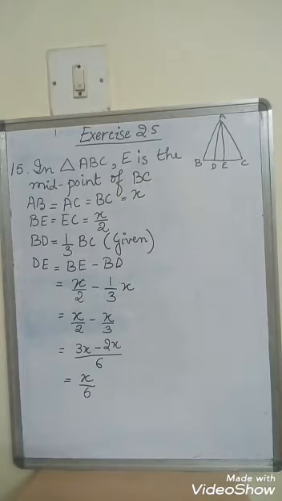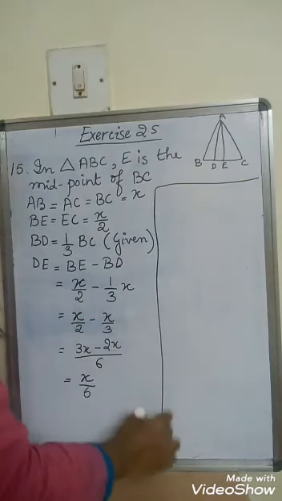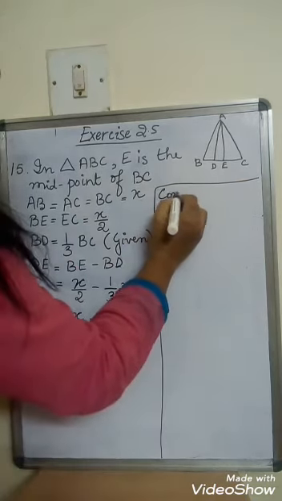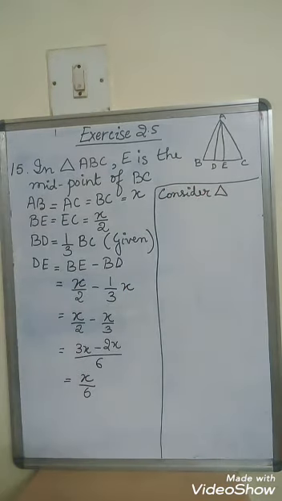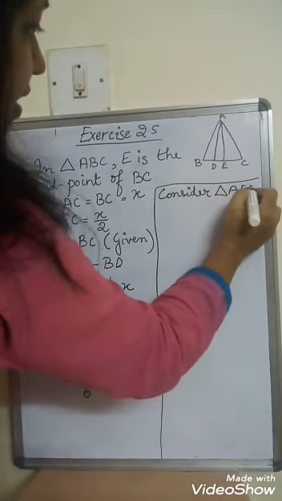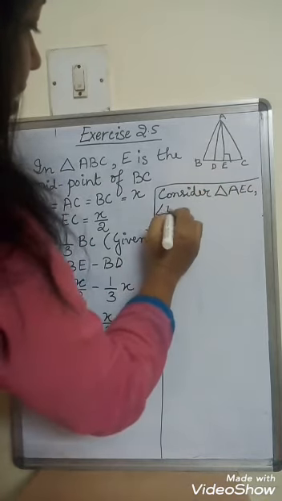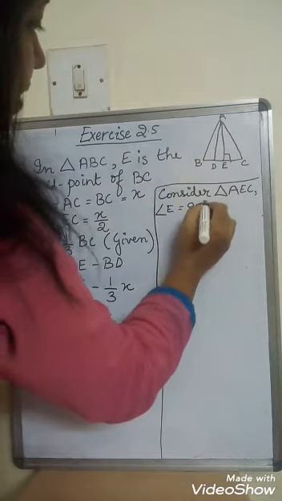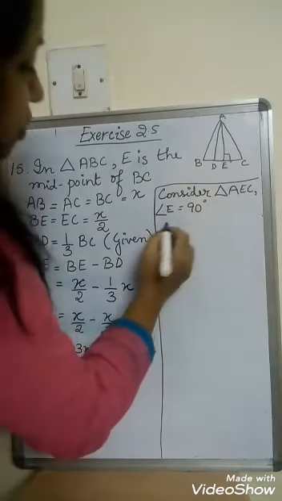So X by 6 is the value of DE. Next, we consider triangle AEC. In AEC, angle E is 90 degree. Now, we will use the Pythagoras theorem.